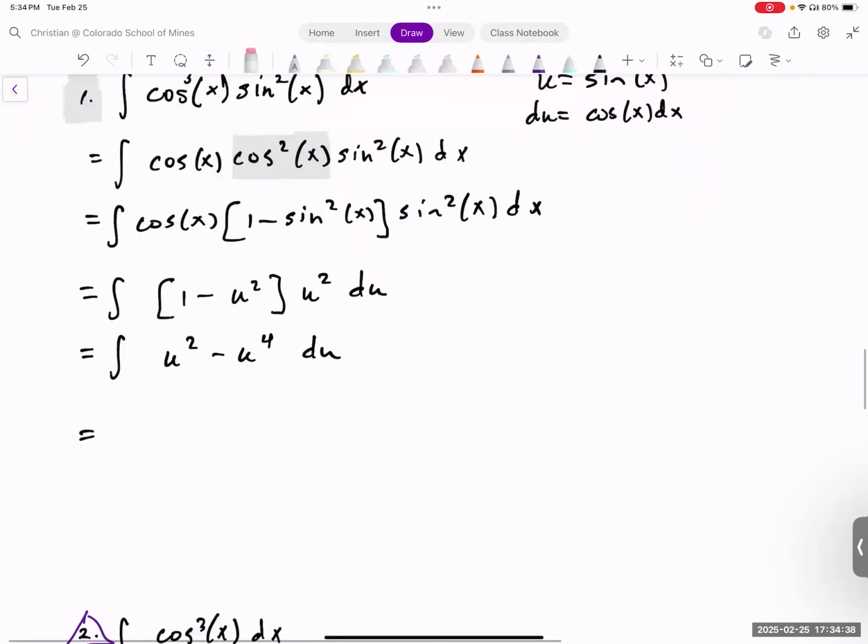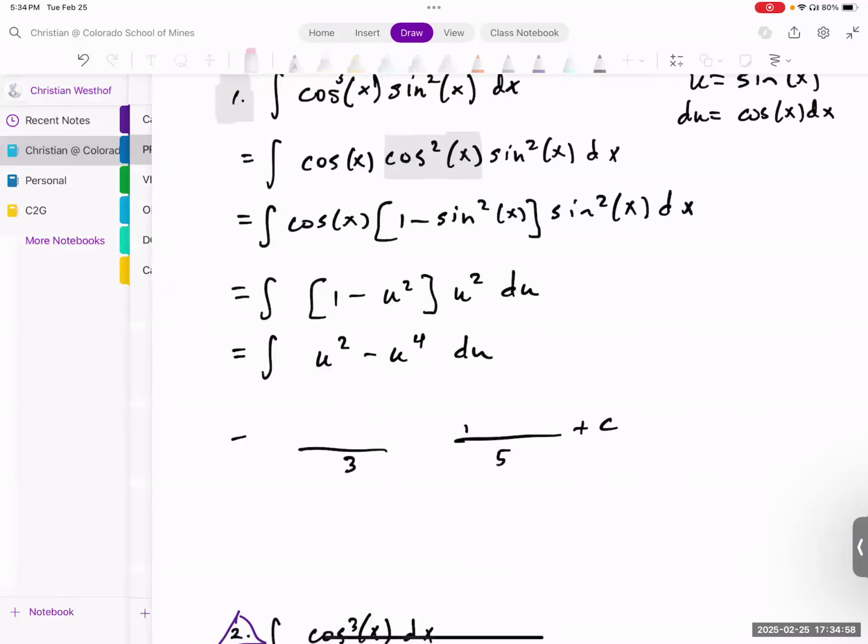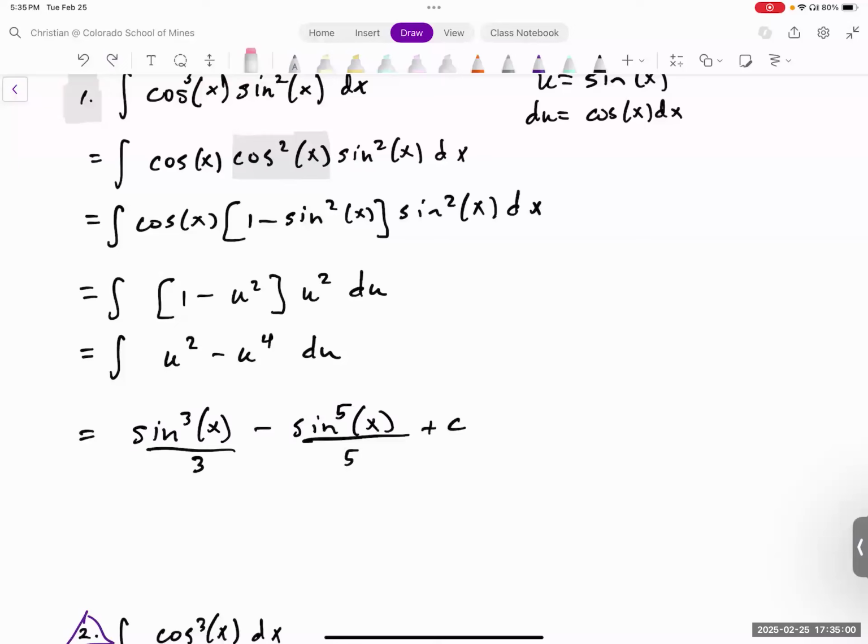So it's going to be sine cubed x over 3 minus sine to the 5th x over 5 plus c. There is our antiderivative.